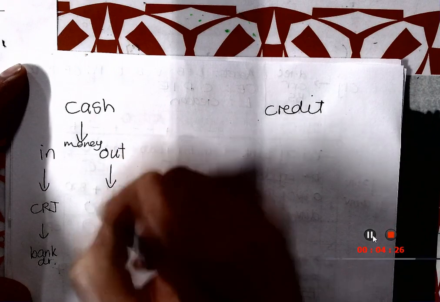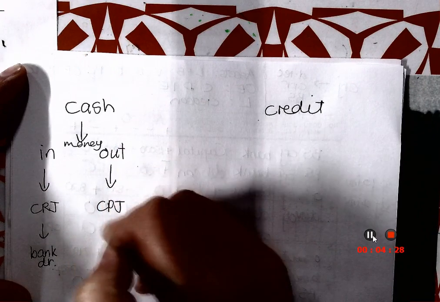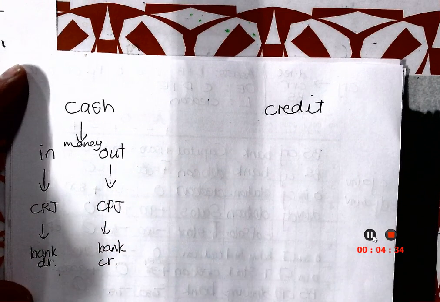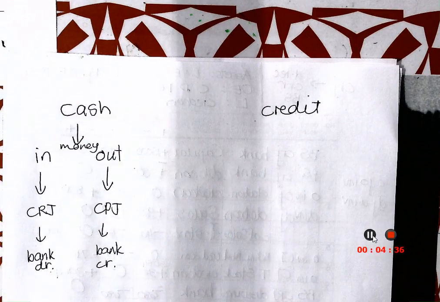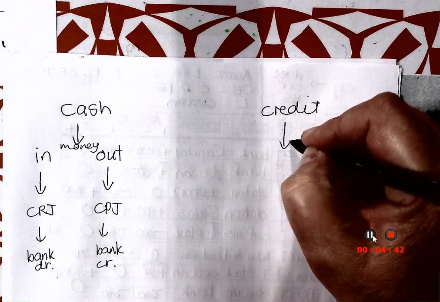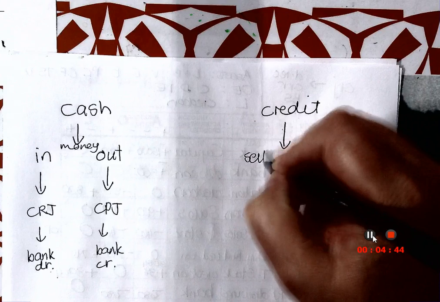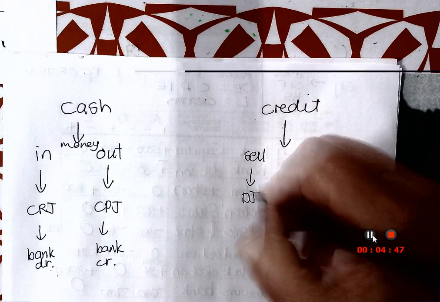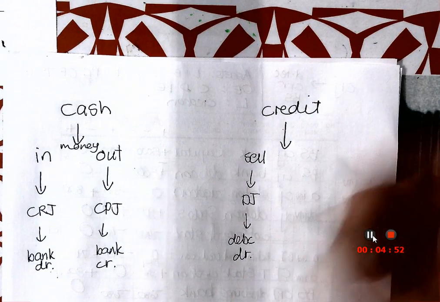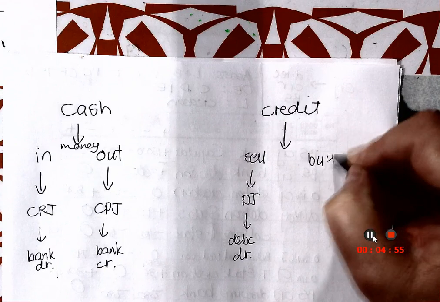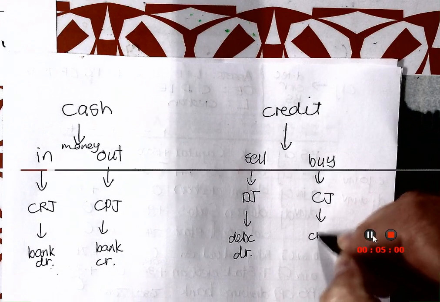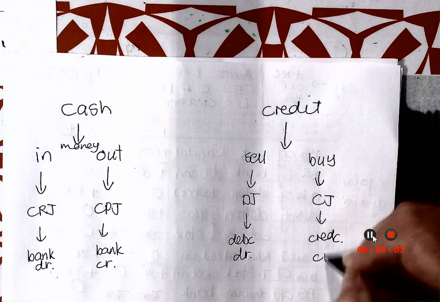If it's money out, it's CPJ. Then bank will be credit. Okay. Now, if it's credit, if I sell, it's DJ, and debtors control will be debit. If I buy, it's CJ, and then my creditors control will be credit.